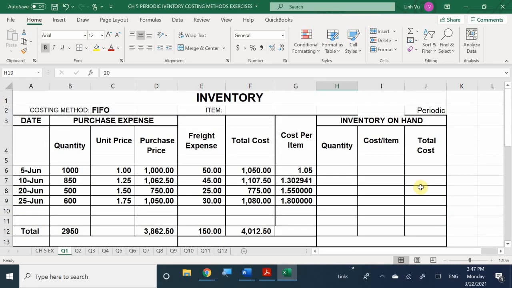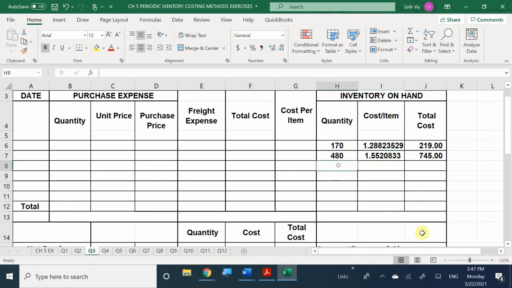So in this case, I'm going to go ahead and transfer the 600 items at $1.80 each. Okay, so here we have brought over 600 items at $1.80 to make it become $1,080.